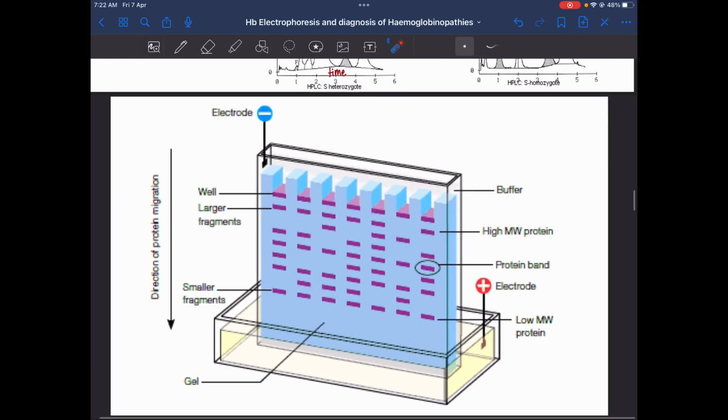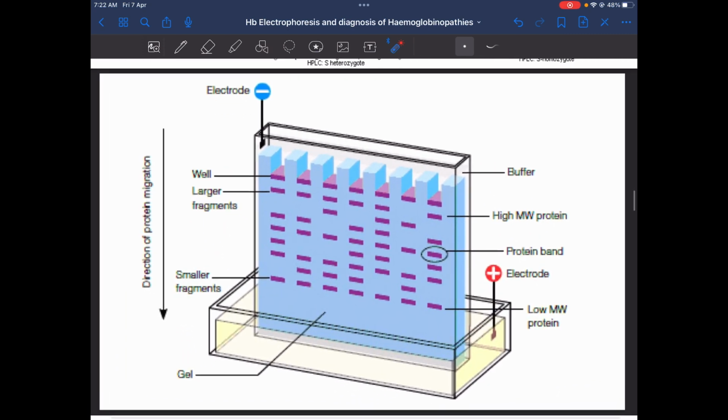This is just a diagram to explain what exactly electrophoresis is. You have a gel-like substance in a glass tank sort of structure, and you have these wells right here, and you put your sample inside. Then you run an electric current through the gel.